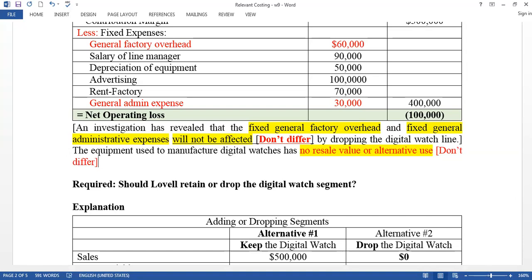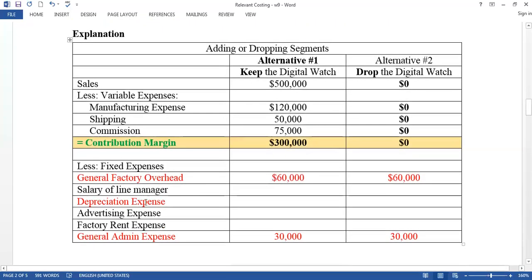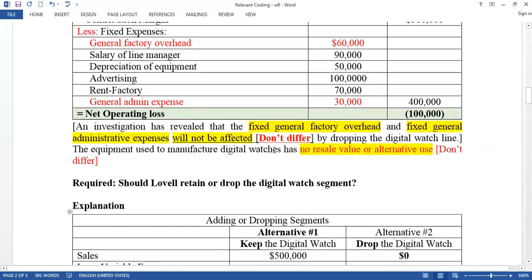You already purchased this machine previously, right? Previously you purchased this machine and this machine does not have any value if you do not continue it. So no resale value or no alternative use. That means depreciation. It completely becomes the depreciation.